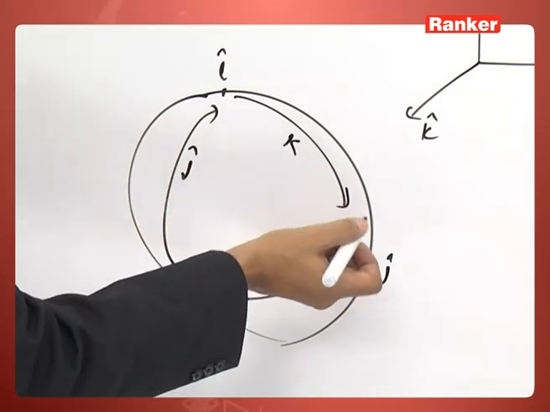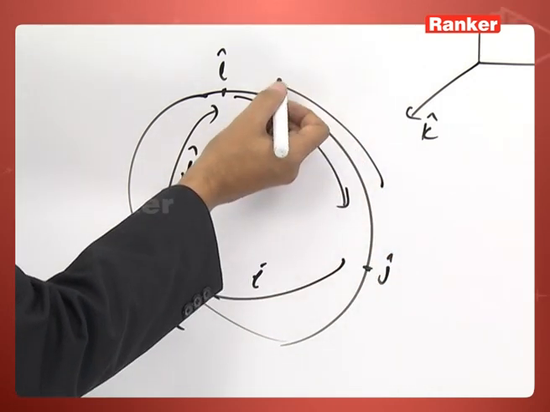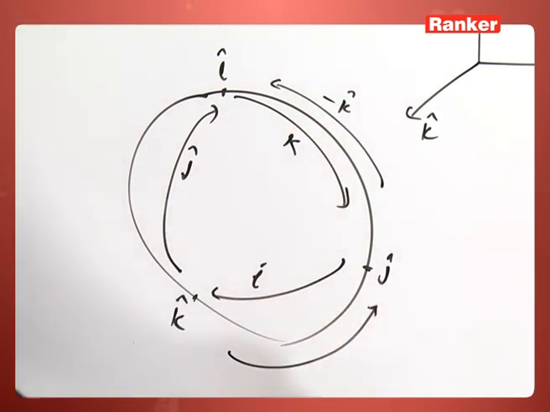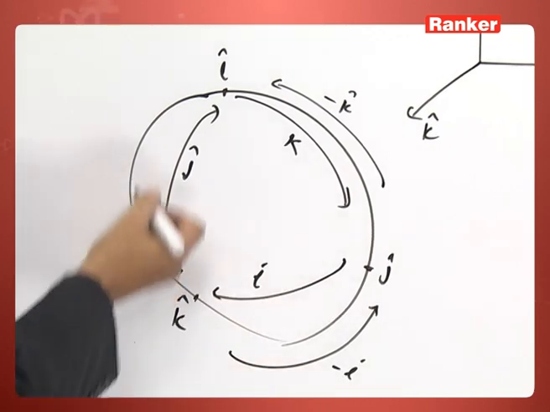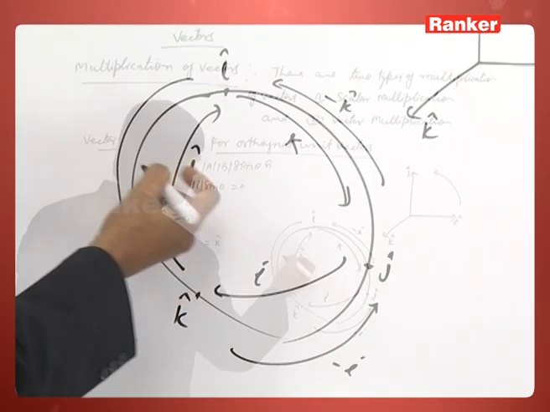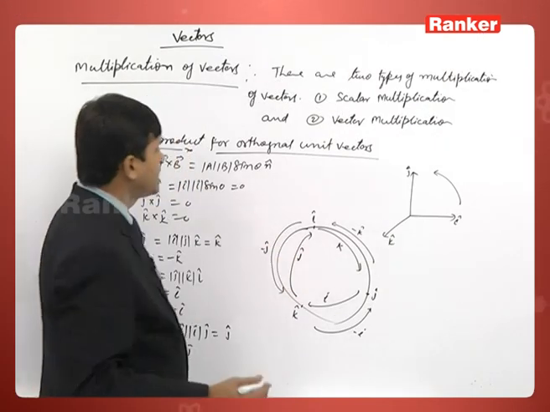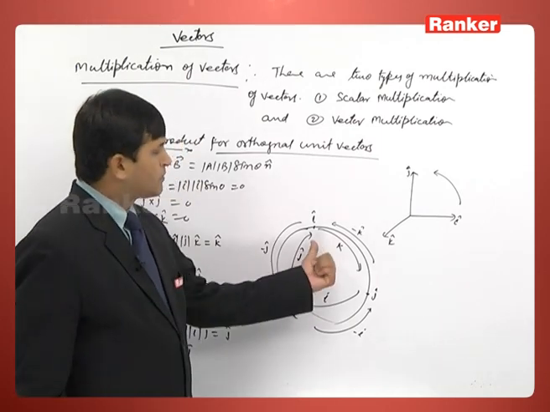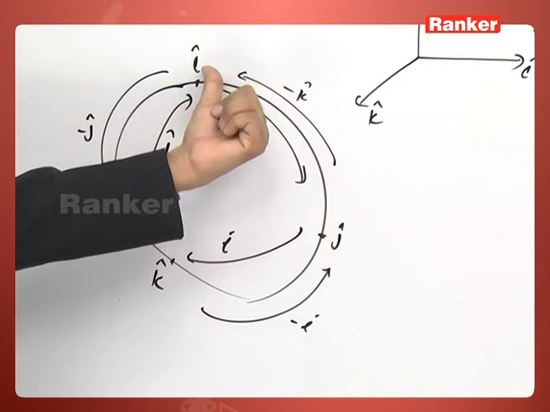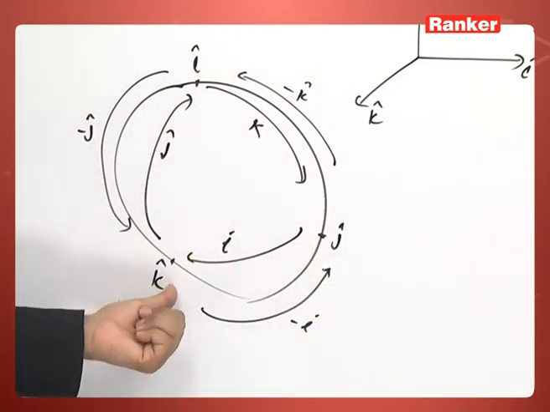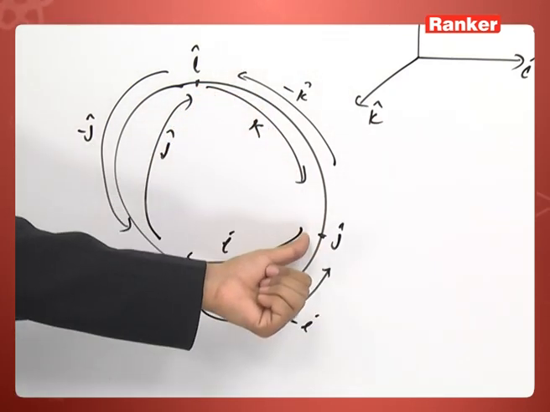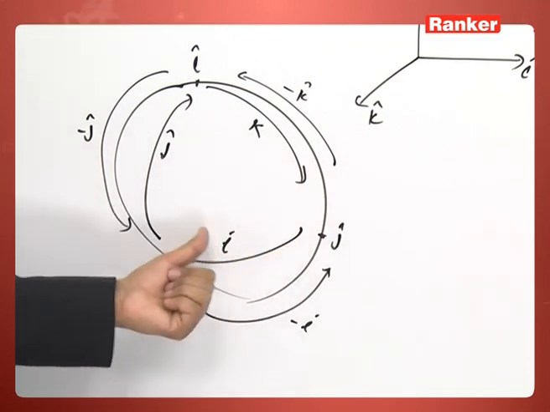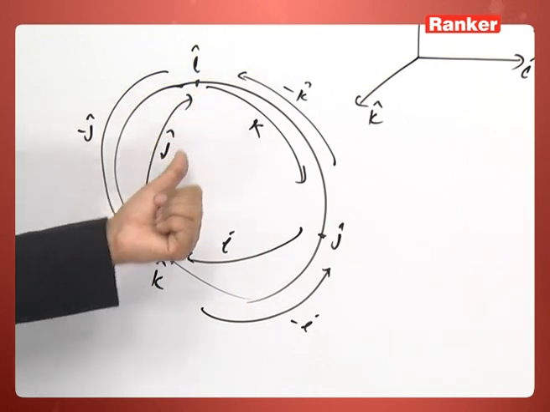Reverse, when you move in the other direction, you get minus k, in this side minus i, and this side minus j. So for simplicity, to remember, you can make a cycle of i, j and k. i cross j is k, j cross k is i, and k cross i is j.